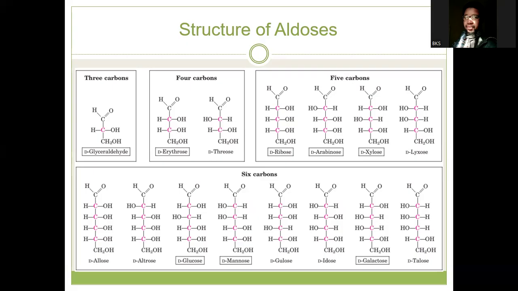So the second carbon, we can see that the carbonyl group is attached to one. We have a carbonyl group here, which is different from the hydrogen attached here. Here is a hydroxyl group, while here is also different from the others.